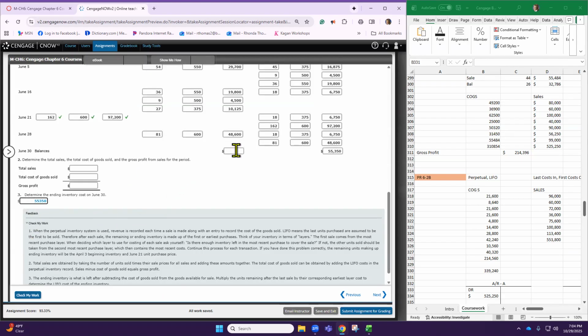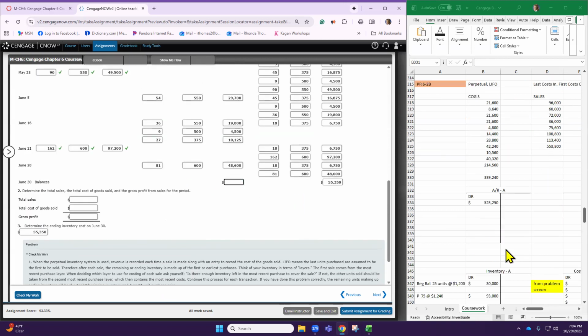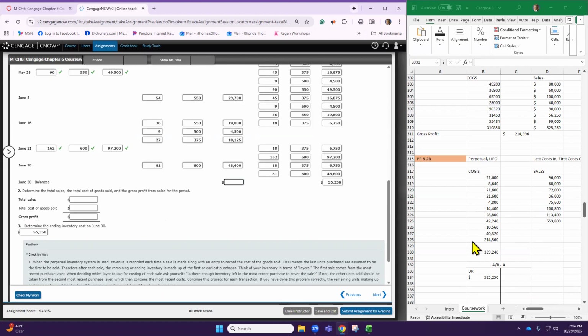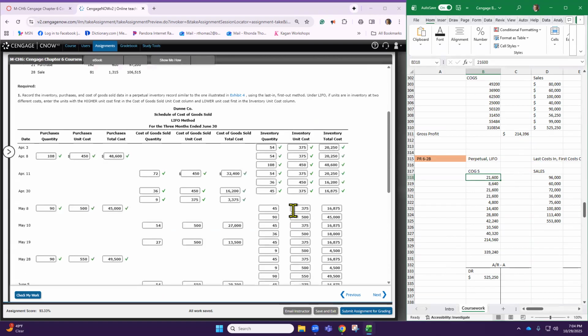Then we're going to add up all of our cost of goods sold. Okay, so I'm going to just do that here. All right, so here we go.